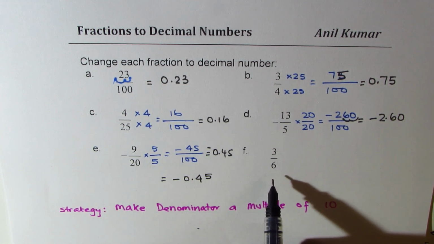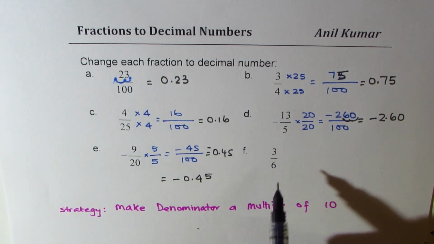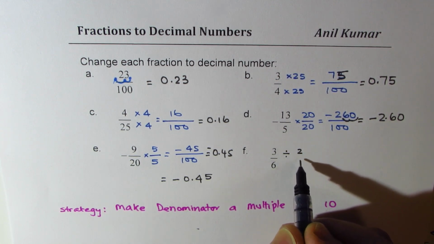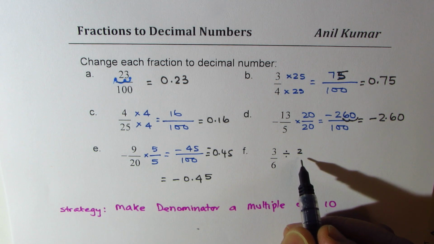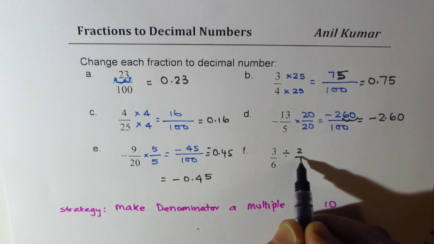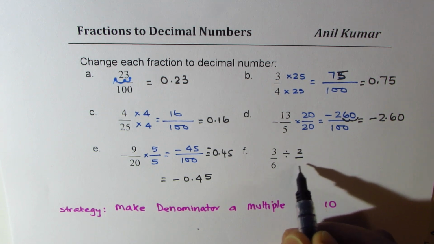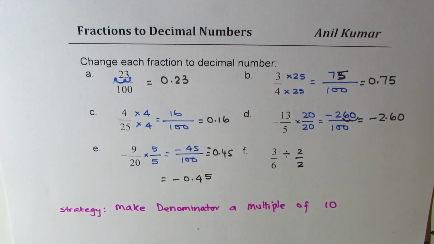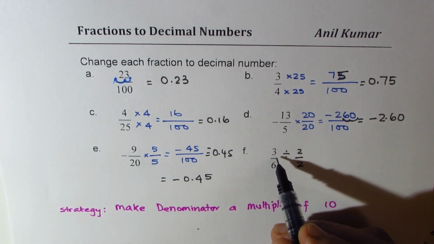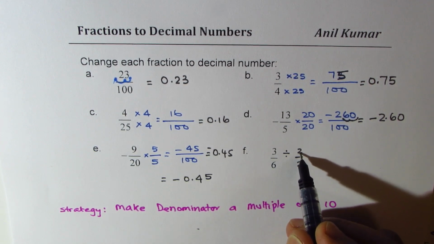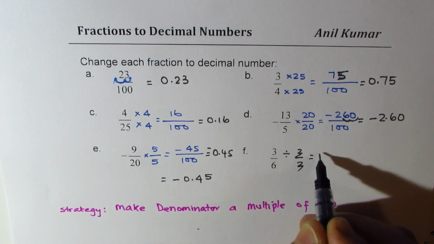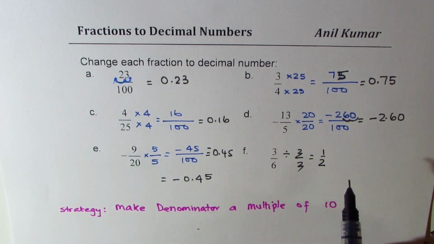Now 3 over 6 is kind of tricky. We can first divide by 2, and then we can multiply, or we could simplify this, right? Dividing both by 3. Both can be divided by 3, I'm sorry. So we get 1 over 2 here.